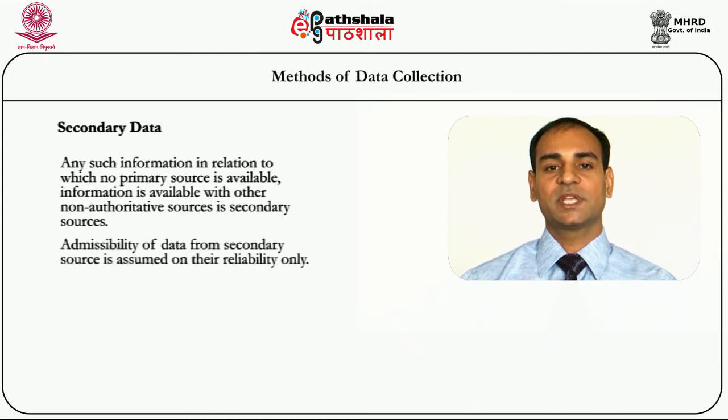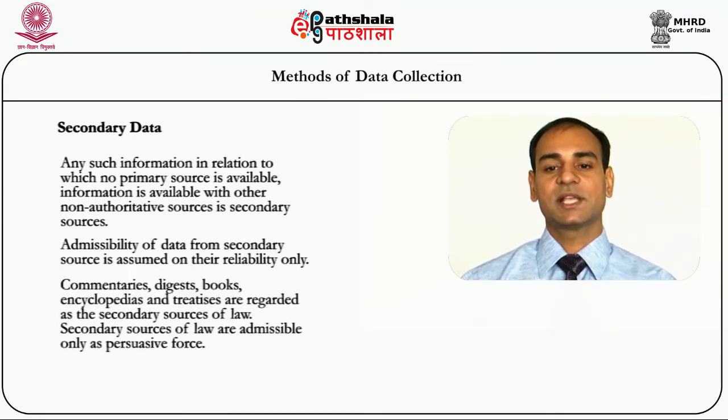Admissibility of data from secondary source is assumed on their reliability only. Commentaries, digests, encyclopedias, treatises are regarded as the secondary source of law, and secondary source of law is not authoritative, it is only of the persuasive nature.